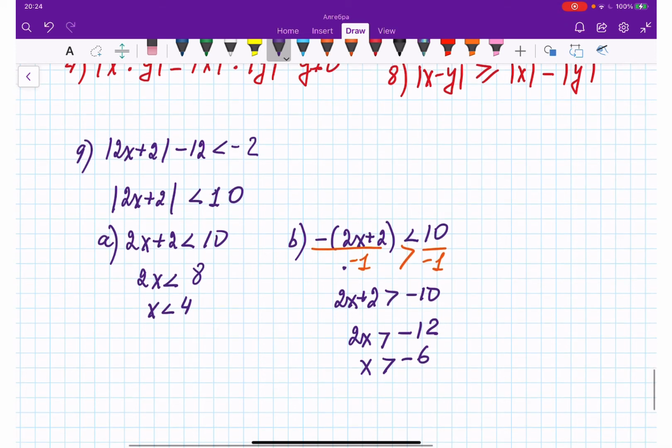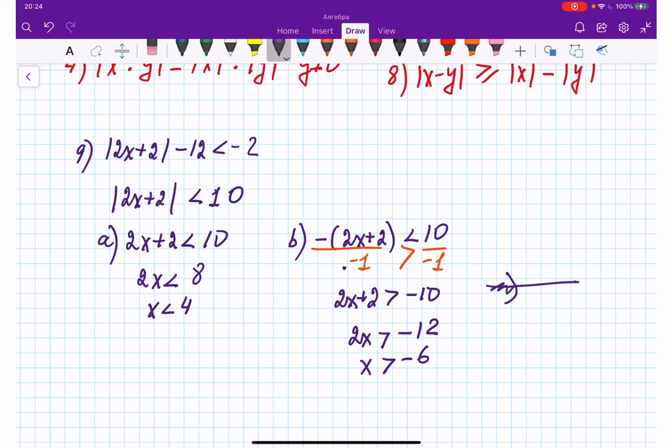So the answer is going to be the range less than 4.